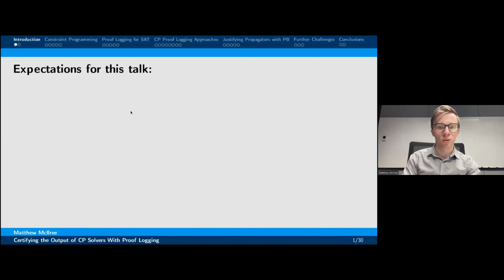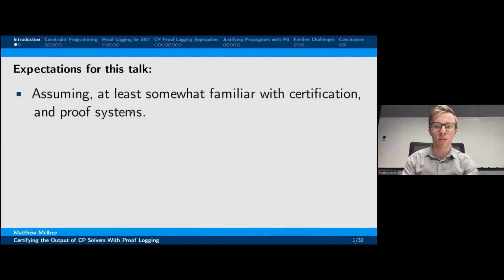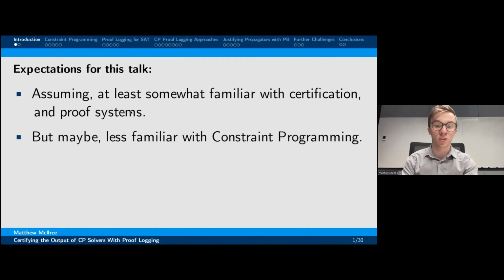So just to explain some of the rationale behind this talk in particular, I'm imagining that I've got an audience that's at least a little bit familiar with certification and proof systems of some kind, but perhaps less familiar with constraint programming specifically.